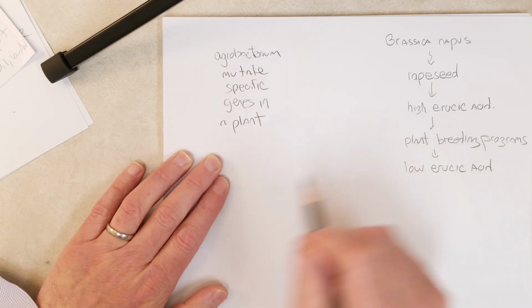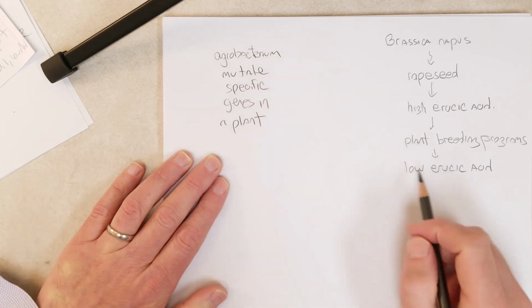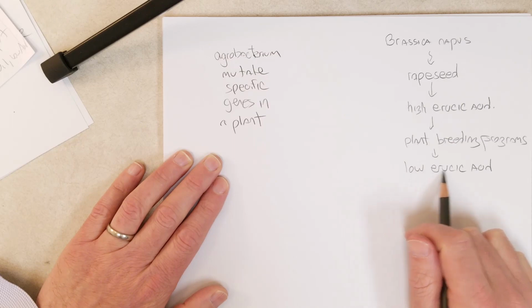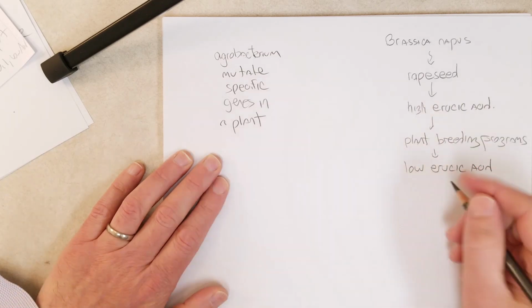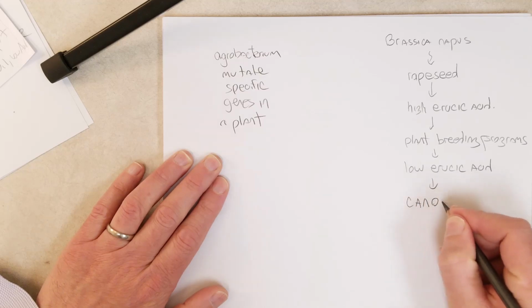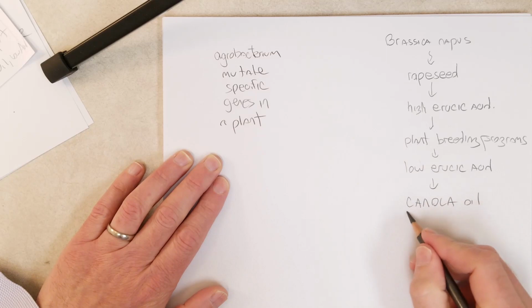Well, they probably did this by random mutagenesis, looking for random mutations using UV light or other chemical mutagens, and then selecting for plants that, randomly from that mutagenesis process, make low erucic acid. And this is what we know as canola oil. So this is where canola oil comes from.